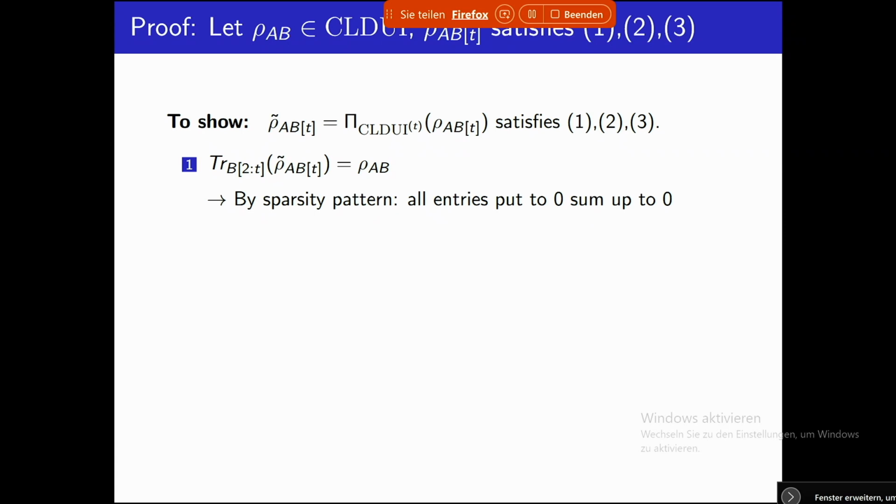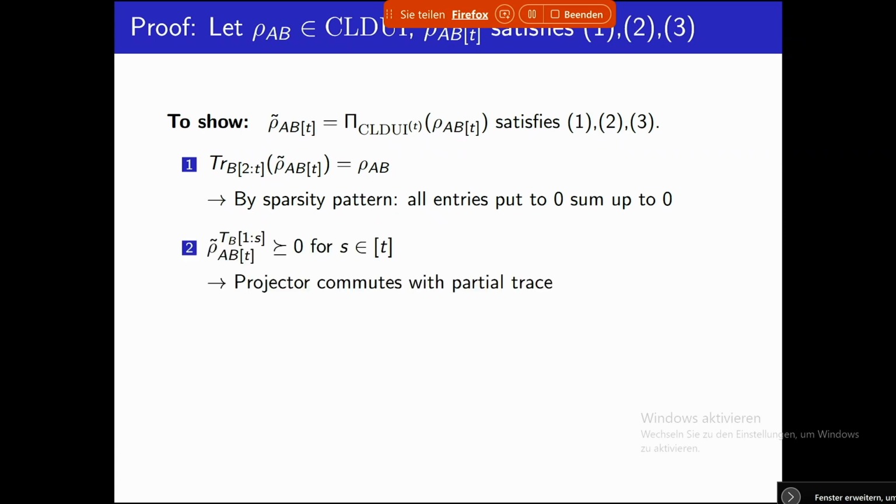So in essence, what happens in the partial trace is that you're putting a bunch of entries to zero in this step, but you're only putting those things to zero which needed to sum up to zero anyways. They need to sum up to zero because the partial trace needs to evaluate to rho AB, which is CLDUI, which has a lot of zeros.